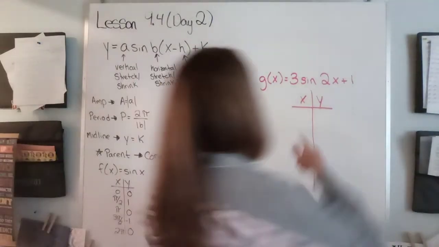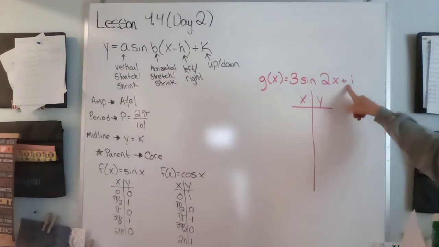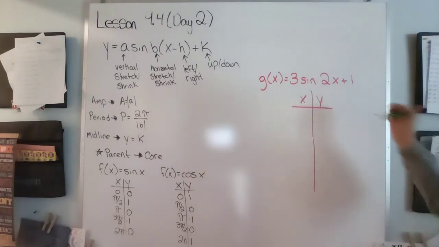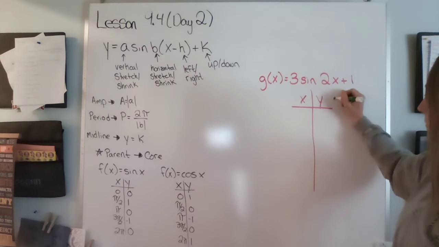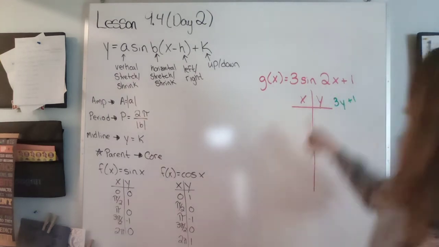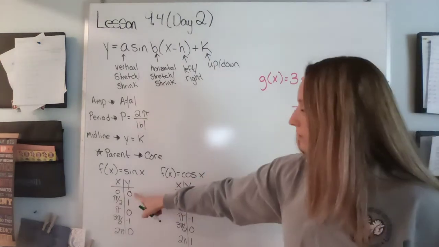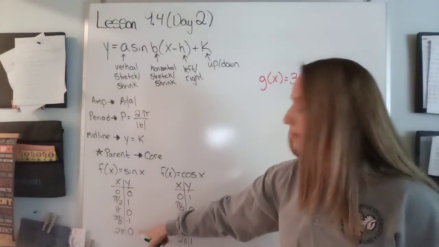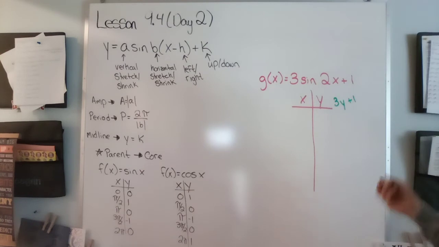So to get started, since we have a vertical stretch of 3 and then we move up 1 unit, we're going to multiply all of the y values by 3 and then add 1. So we're in a sine function, all of these are going to get multiplied by 3 and then you're going to add 1. So we'll do that now.